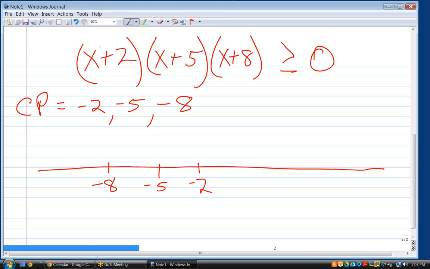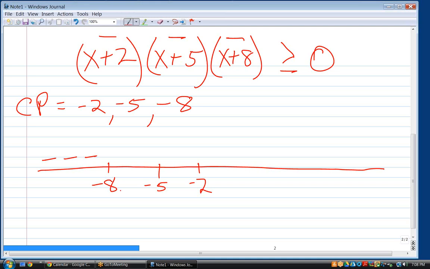So when x is -9, what's the sign of this term here? Plus or minus? Negative. What's the sign of this term? Negative. What's the sign of this term? Negative. So all three of them multiplied together are what? Negative. Okay, so I can put negatives. In other words, no matter what number I plug in to the left of -8, it's still always going to produce 3 negatives.